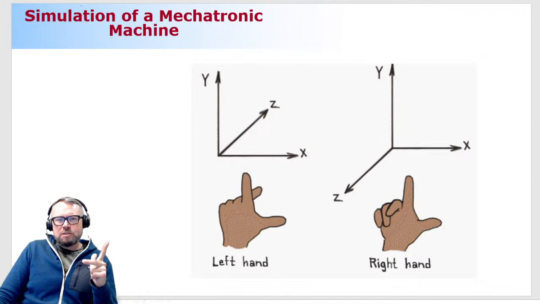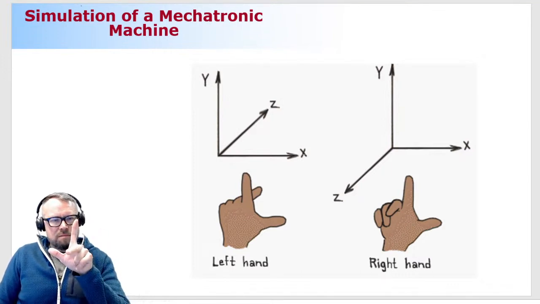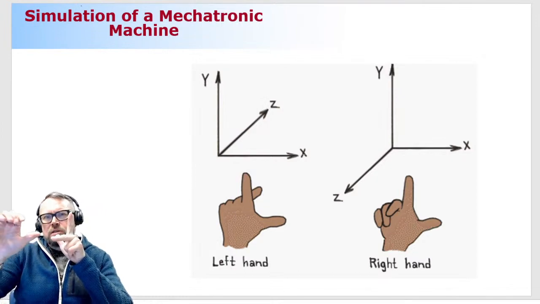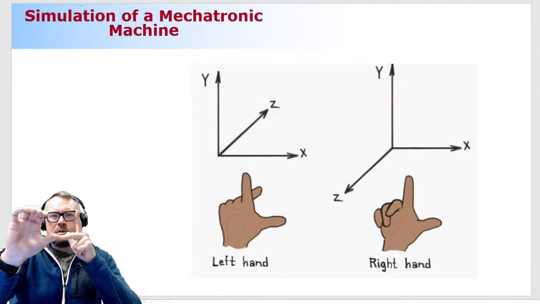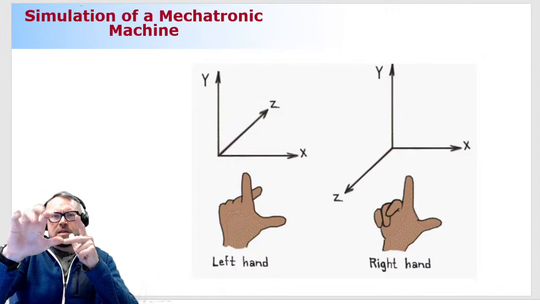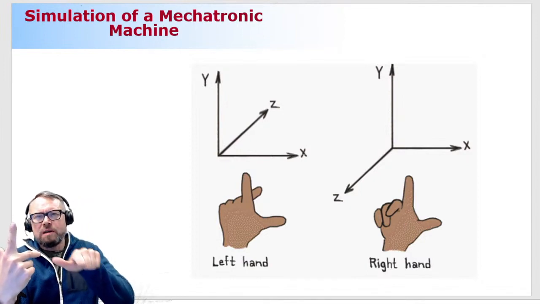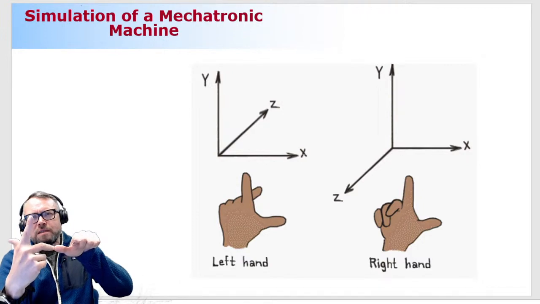In a left-hand coordinate system, the good rule of thumb is that you use your left hand, like this is my left hand, to put your coordinate system, and then you use your right hand, and you put your thumb along the coordinate axis you want to rotate. These fingers tell you what the positive direction is. That's how it goes. In the other coordinate system, it's going to be the other way around.